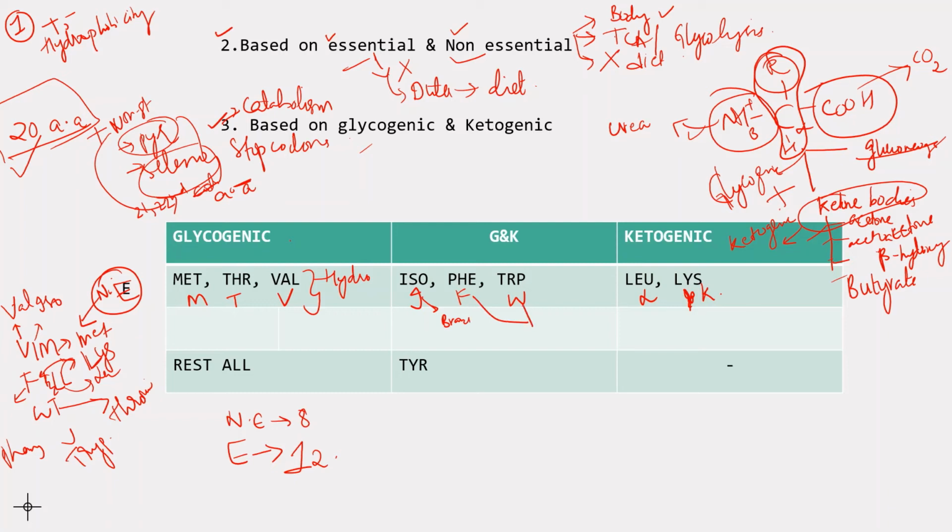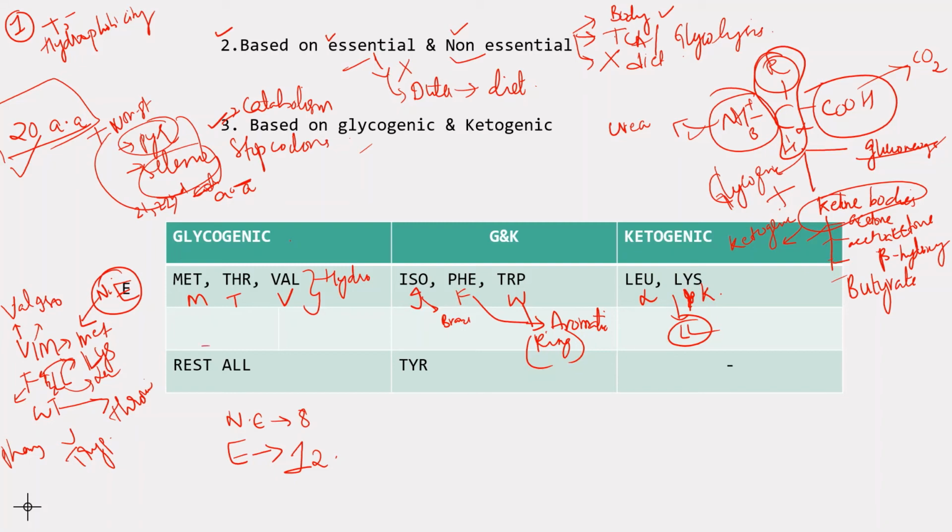Phenylalanine and tryptophan, both are aromatic ones, which means they have some ring structure. These are glycogenic and ketogenic, both of them. And ketogenic only are leucine and lysine, so you can remember them with double L. So these are the essential amino acids categorized into glycogenic, ketogenic, and both.